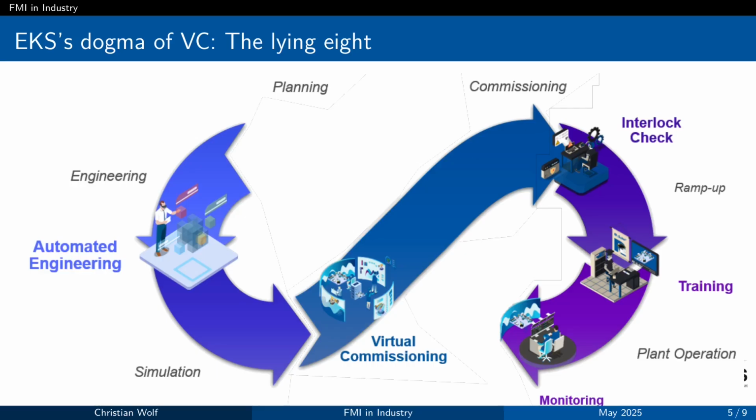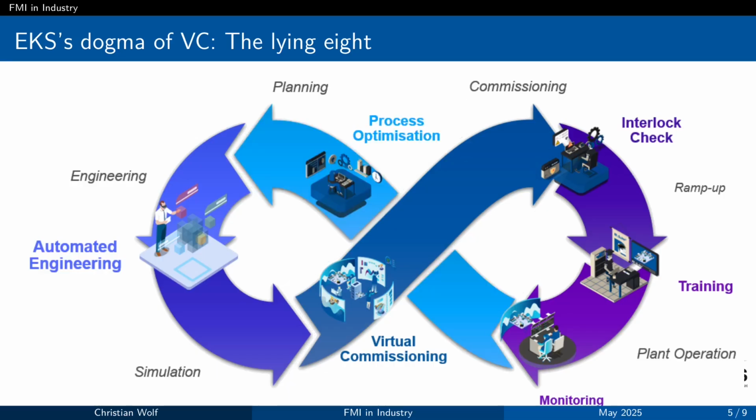We run the plant, we maybe use the plant to train our operators, our workers in the field. So at this point the company starts producing. And then we have the last section that closes the process, which is the optimization.